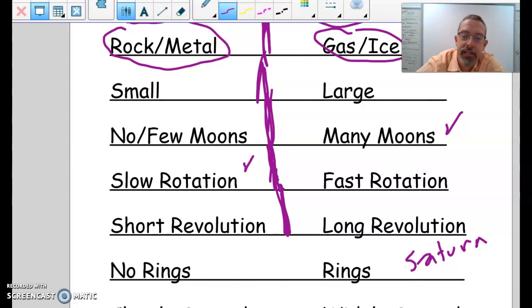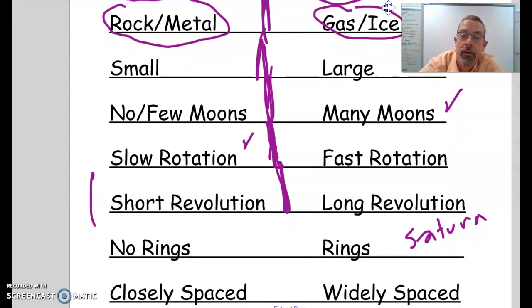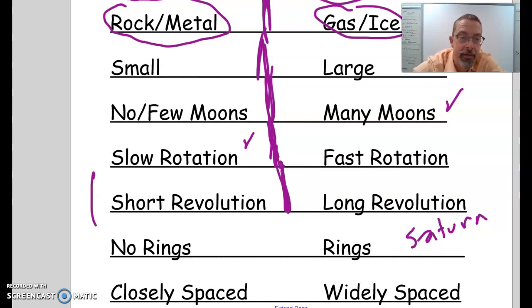And as we indicated with an earlier demonstration, the inner planets are closely spaced and the outer planets are relatively widely spaced. We illustrated that earlier this week and last week. So these are characteristics I want you to know between the inner planets and the outer planets. Make sure those are in your notes because that's going to be a test question.